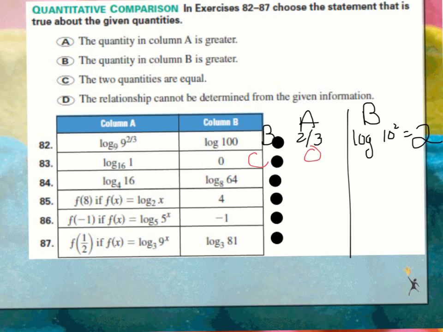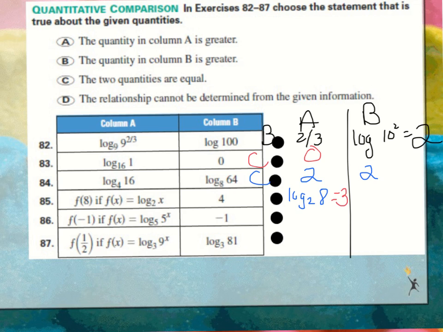Okay, so then for 84, 4 to what power is 16? And 8 to what power is 64? So those are the same. Okay, so for 85 on column A, it's saying plug in 8 for x. So that's log base 2 of 8. 2 to what power is 8?